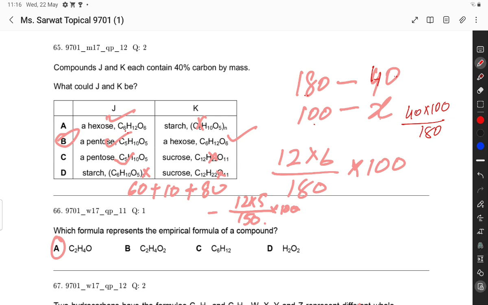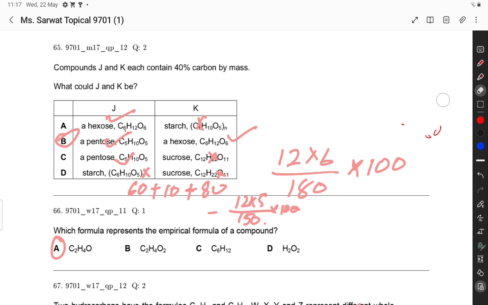By using this like this, we have 12 carbon atom into 6, where 6 is the number of carbon atoms, 12 is the Ar and 180 is the Mr of the compound.